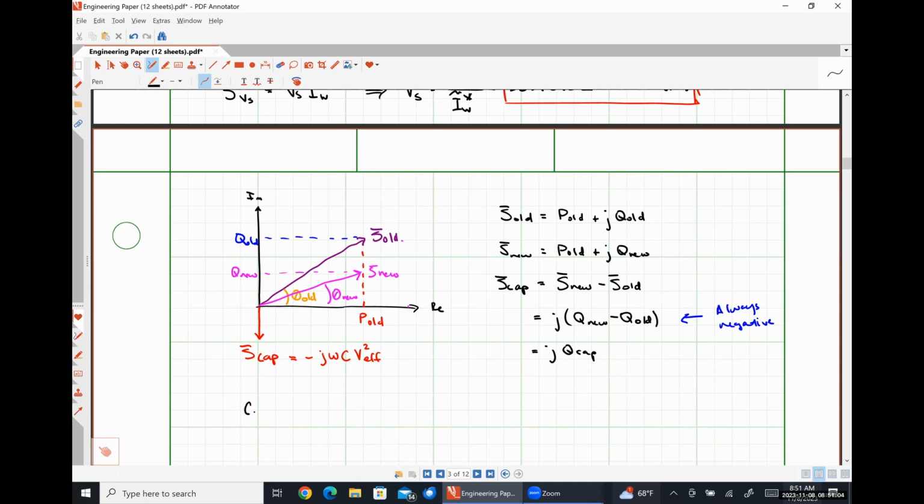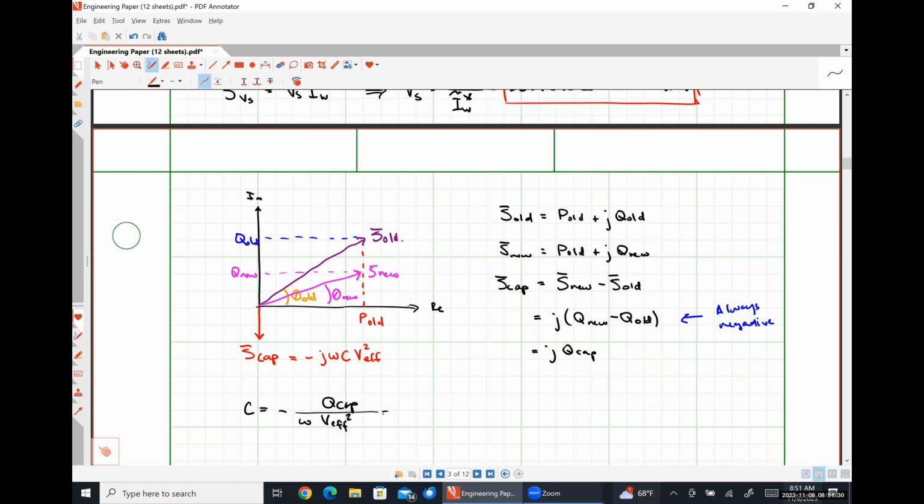So we can find that C is going to be equal to negative Q cap divided by omega times V effective squared.